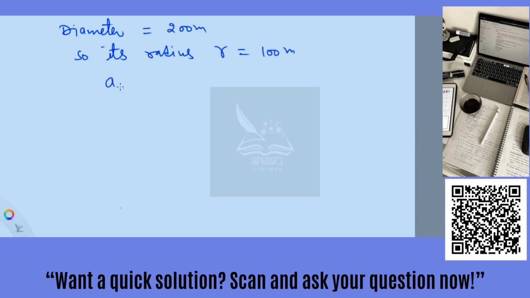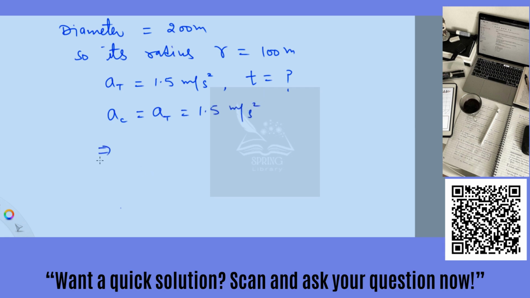Tangential acceleration is given as a_t is equal to 1.5 meter per second square, and we have to find the time t, after which the centripetal acceleration will become equal to this tangential acceleration, means 1.5 meter per second square.